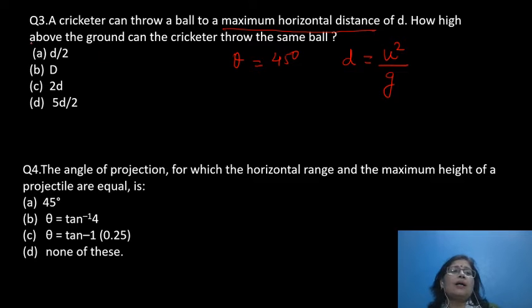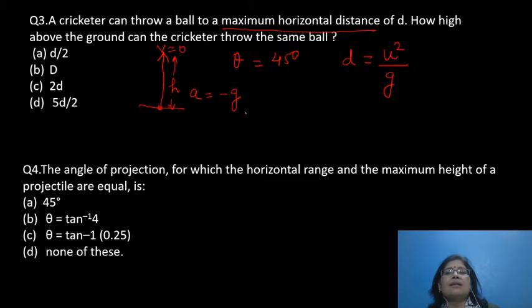And how high above the ground can the cricketer throw the same ball? It means the cricketer throws the same ball in the vertical direction. If h is the maximum height attained by the ball, then the acceleration will be minus g, and at the topmost point the velocity will be 0.